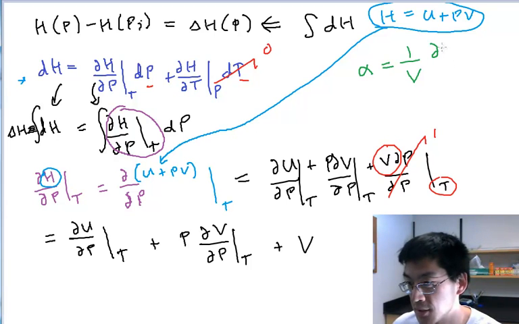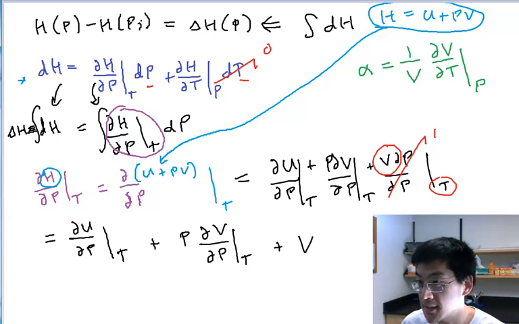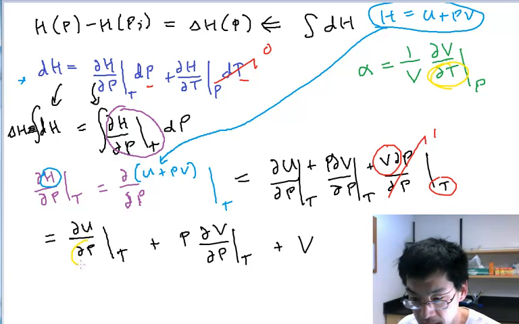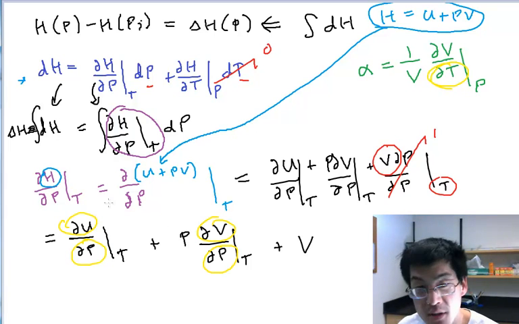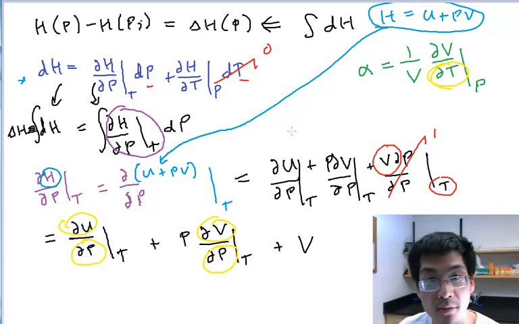That means the change in volume as you raise the temperature. So that's alpha. Notice alpha contains a dt, but there is no dt here. This is a dp, this is a dp, this is a dv, this is a du. There is no dt here that I could pull out with math.